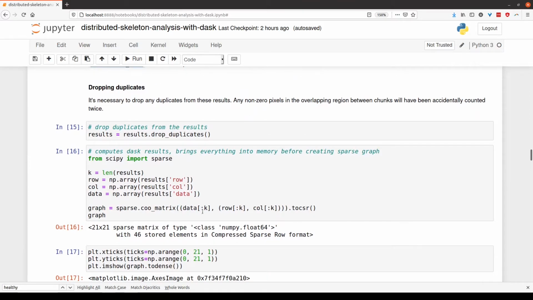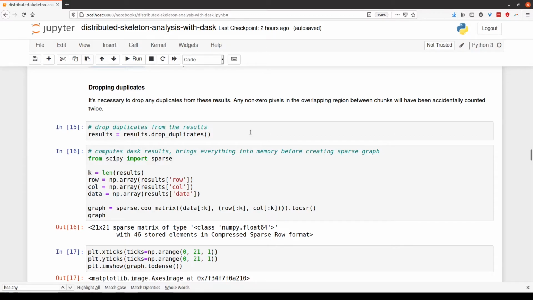And the last thing that we need to do after we've used that list comprehension with the delayed function inside it and concatenated that into a data frame is just to drop the duplicates. Because we have that 1 pixel overlap between image chunks, we're in effect counting those pixels twice.